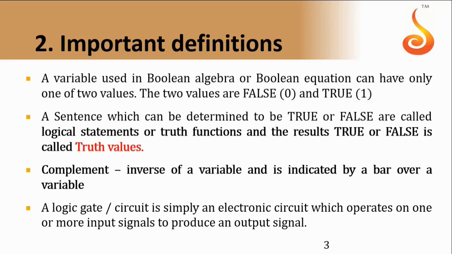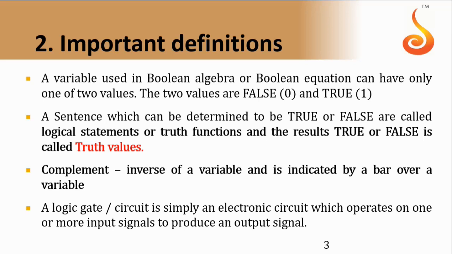They can be either 0 or 1. X can take value 0 or x can take value 1. It cannot take any other values, because Boolean has only two values, 0 and 1.